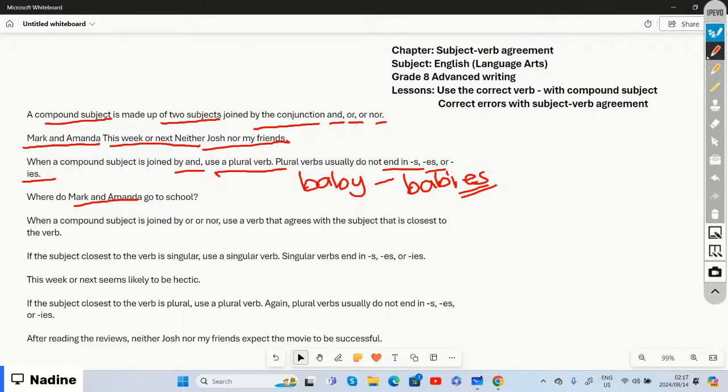If we look at an example, it says, this week or next seems likely to be hectic.